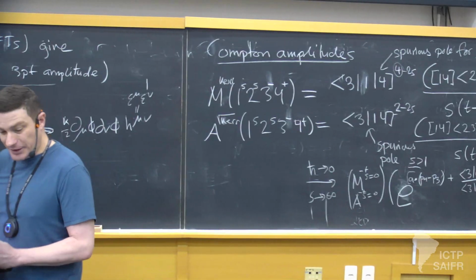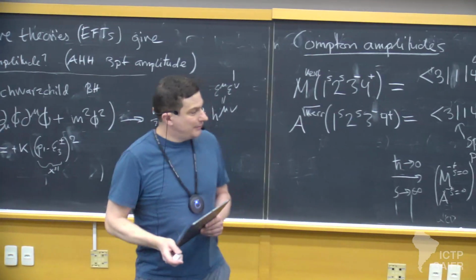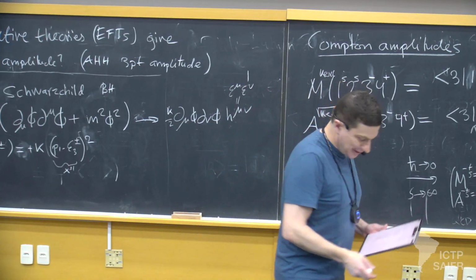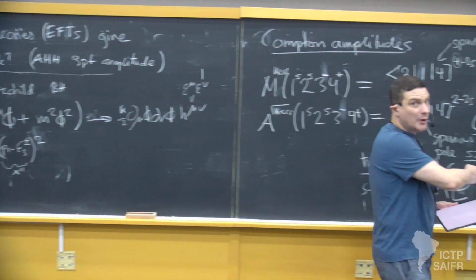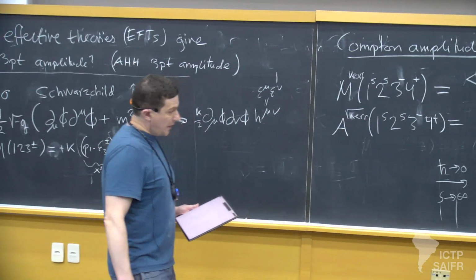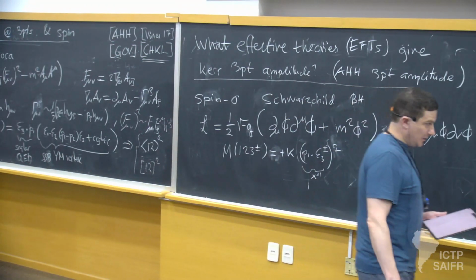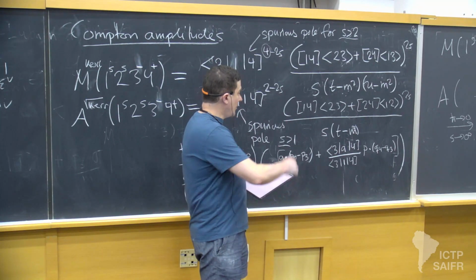So double copy seems really happy, but that's actually a false conclusion. It's false because you still have the spurious pole, so you have to deal with it. And it turns out that once you write down corrections for the spurious pole, it no longer satisfies the double copy starting at spin 2.